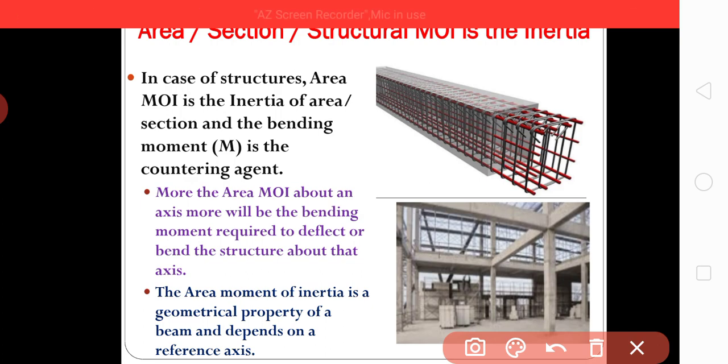More is the moment of inertia about an axis, more bending moment is required to deflect or bend the structure about that axis. The area moment of inertia is a geometrical property of the beam and depends upon a referred axis.